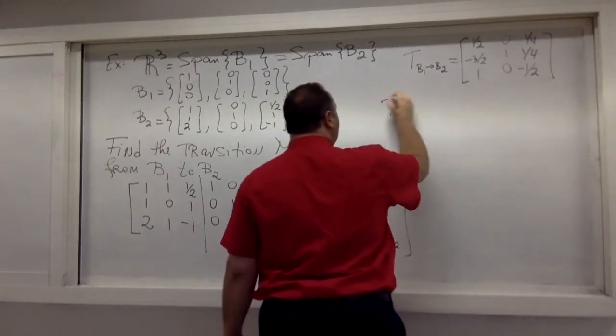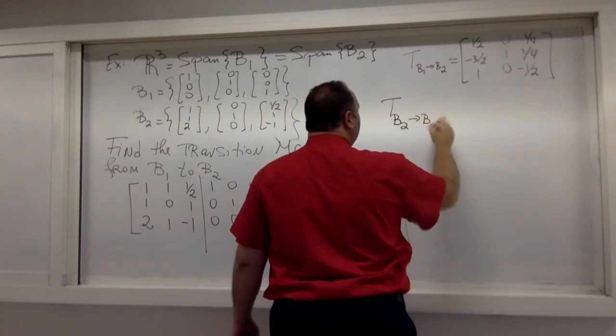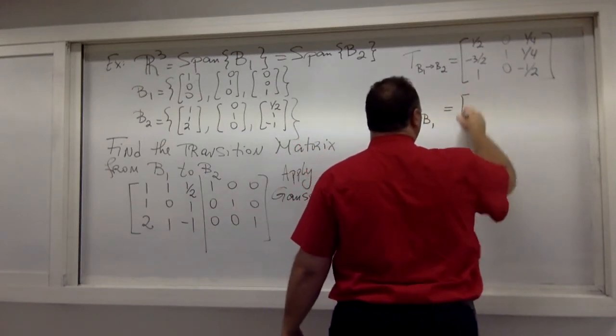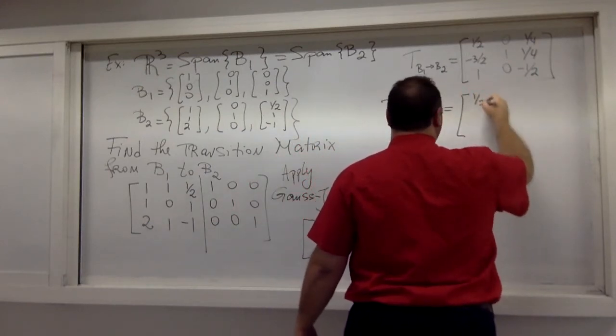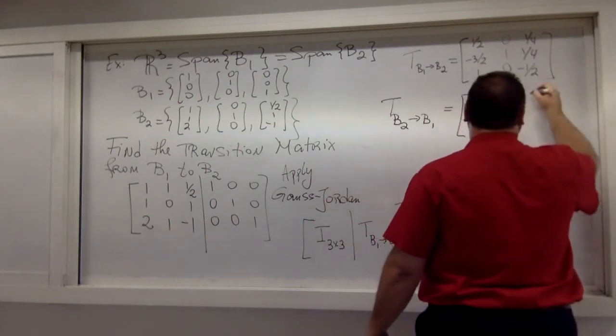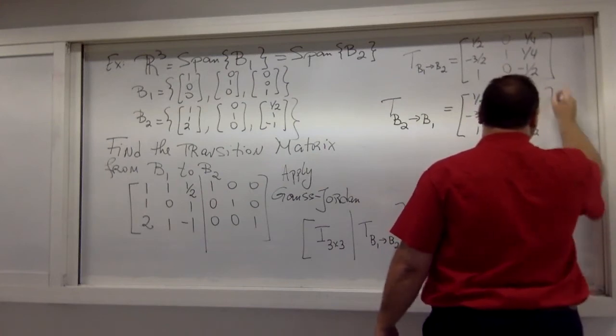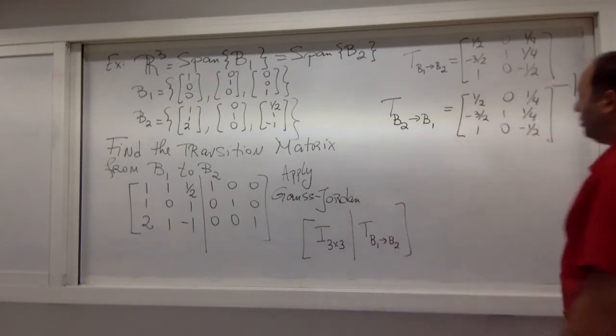The transition matrix from B2 to B1 is equal to the inverse of this. That's officially the case. There's nothing new there. And you can compute it and there's nothing wrong, just long. So it's the inverse of this.